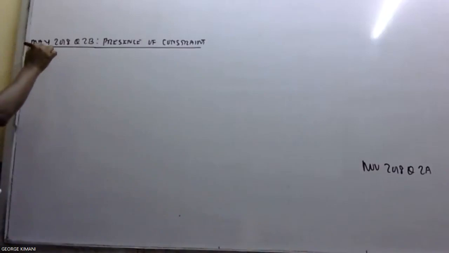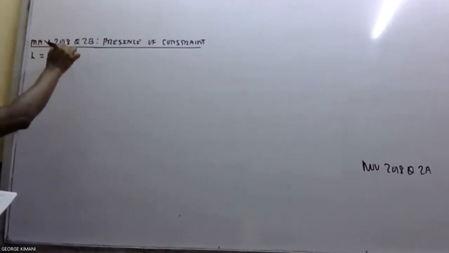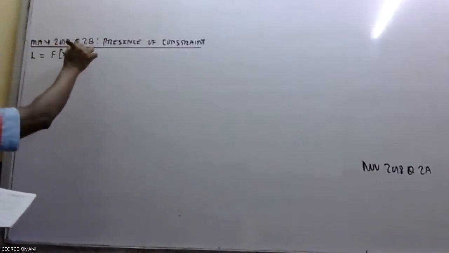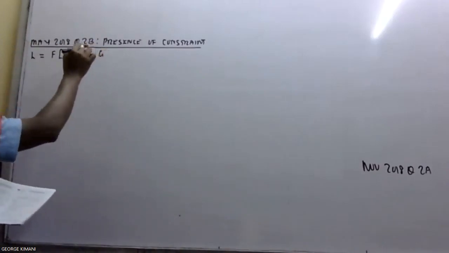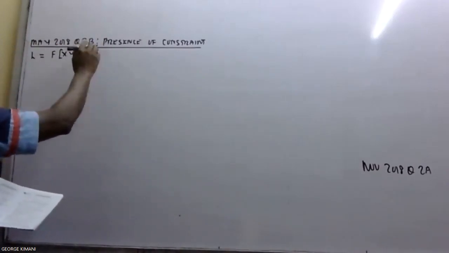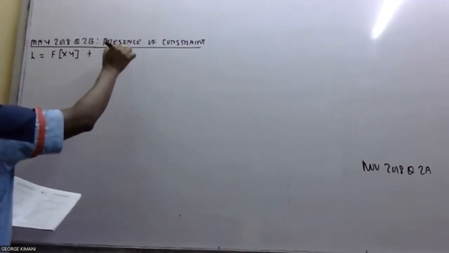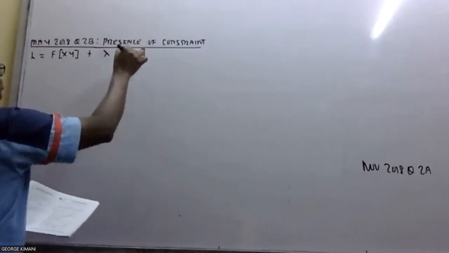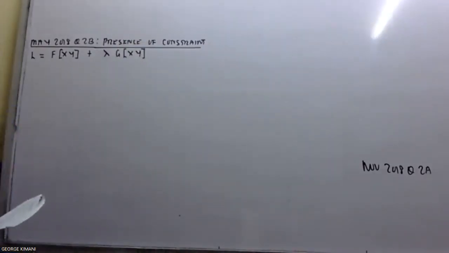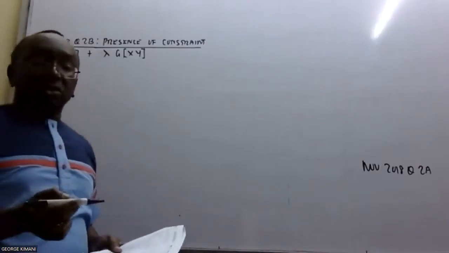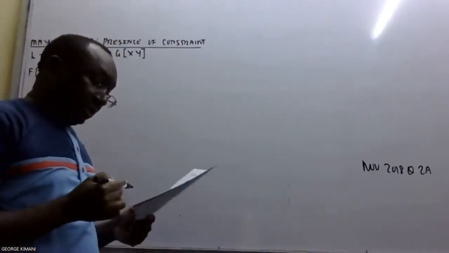So the grade equation is given as f of xy plus alpha g of xy. Now f of xy is the function whose value you want to maximize or to minimize.